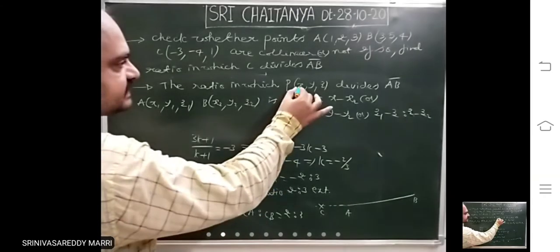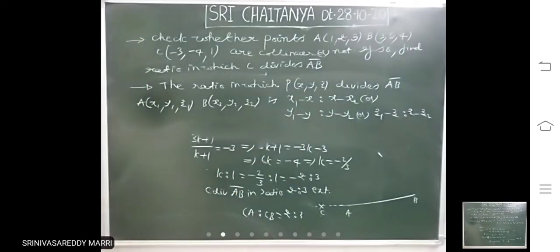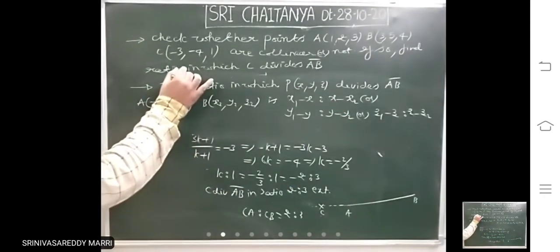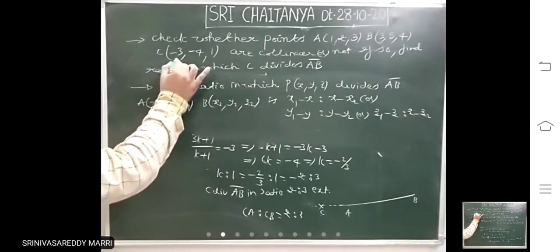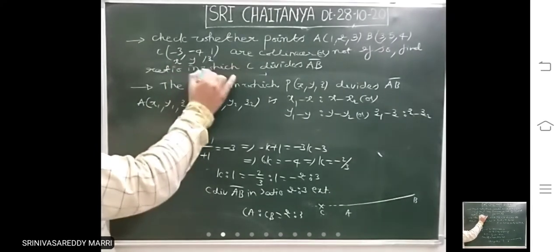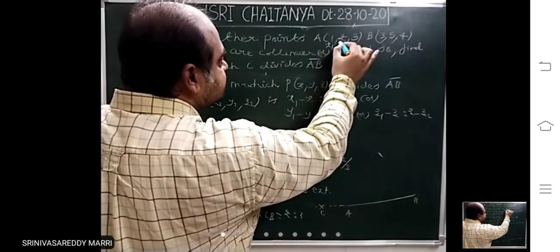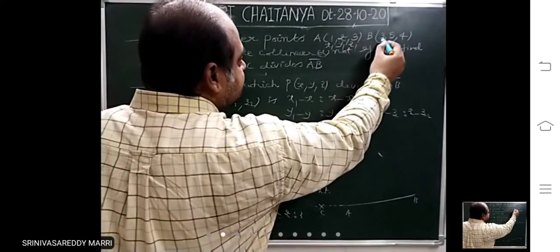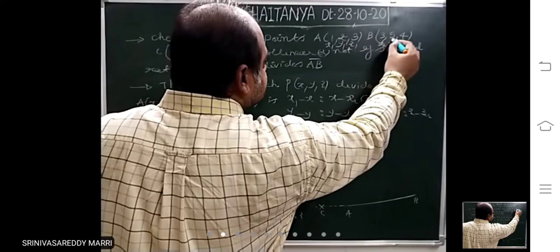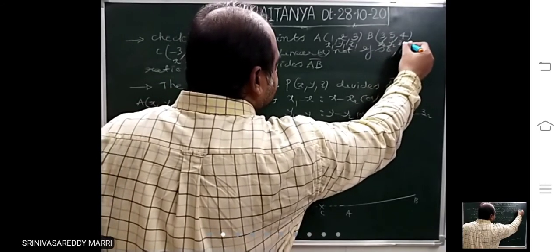So here that means the point divides AB bar in the ratio. Here he is asking C divides AB in the ratio. So this is XYZ, X1, Y1, Z1, X2, Y2, Z2.